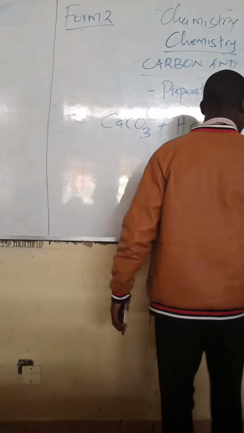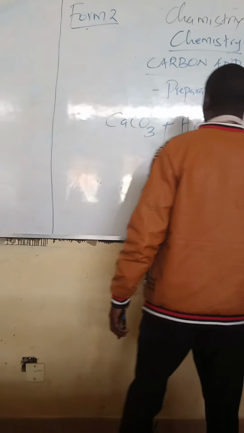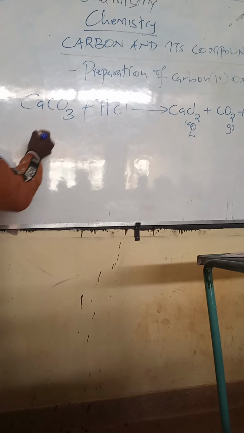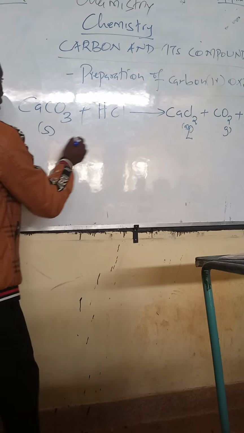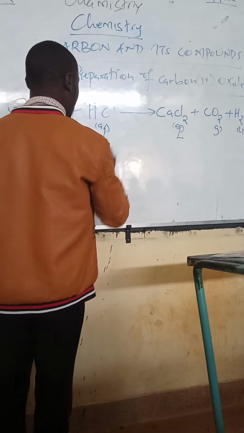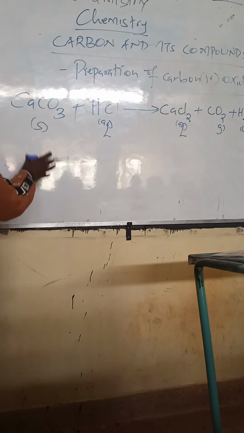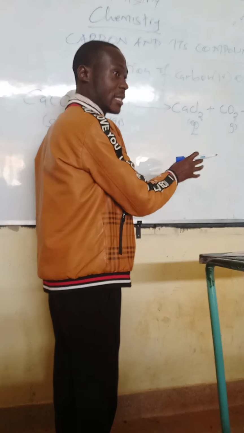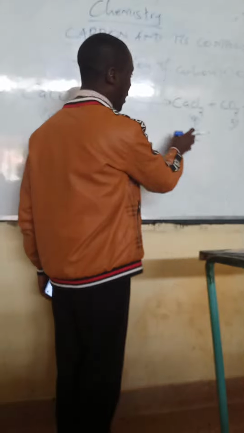So remember, any equation should be balanced. Any equation must be balanced, isn't it? And then you must state all the state symbols. So we know that dilute is in the aqueous state. So at the end of the day, it will give us three kinds of products: calcium chloride, carbon dioxide, and what?